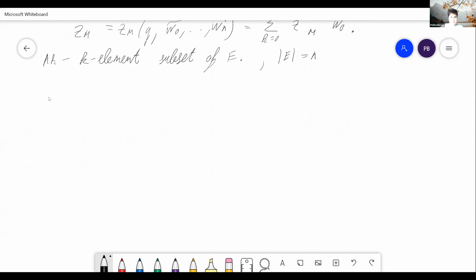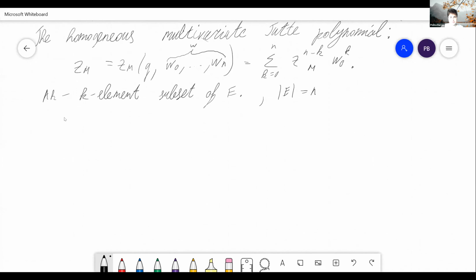For the time being, as I said, if we assume that W0 is just 1, we will actually obtain the partition function of the Q-state Potts model. And that's a small hint as to how we will suddenly change the setting we're in and go to the Potts model.